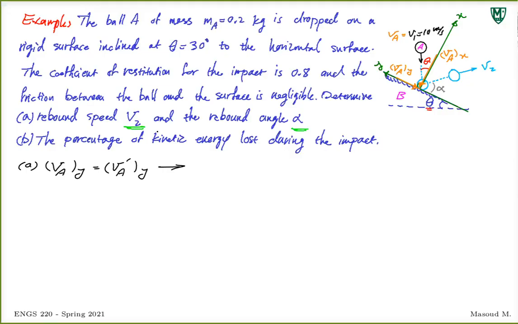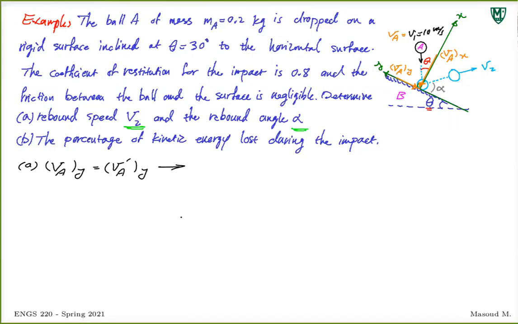So someone tell me how should I continue this? What is VA Y, knowing that we know VA and we know theta?